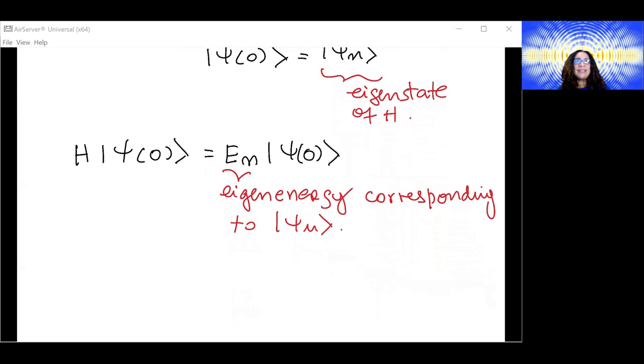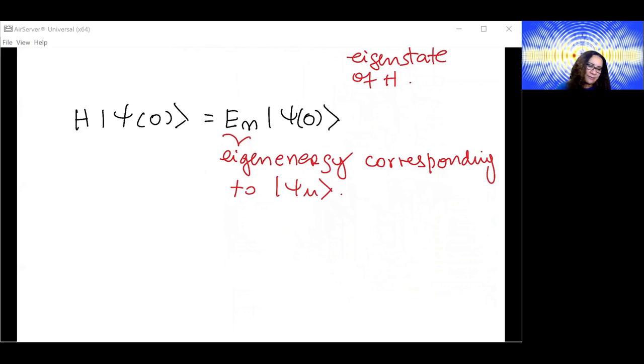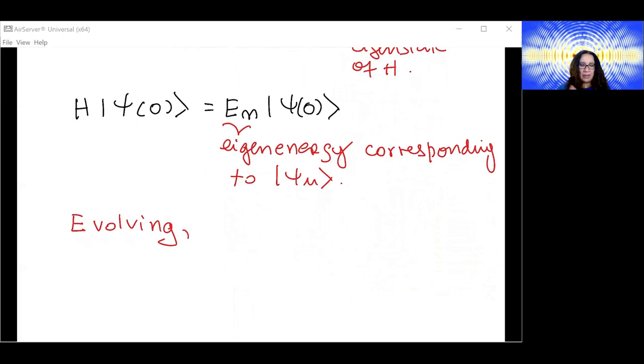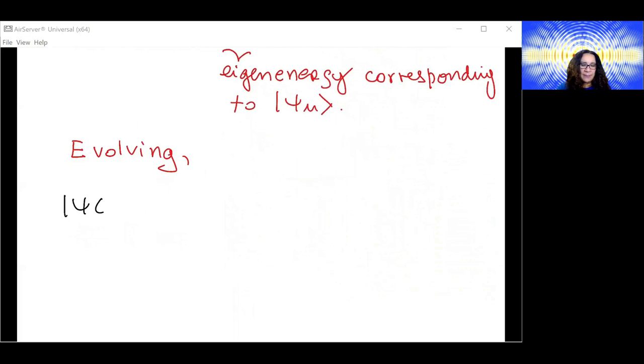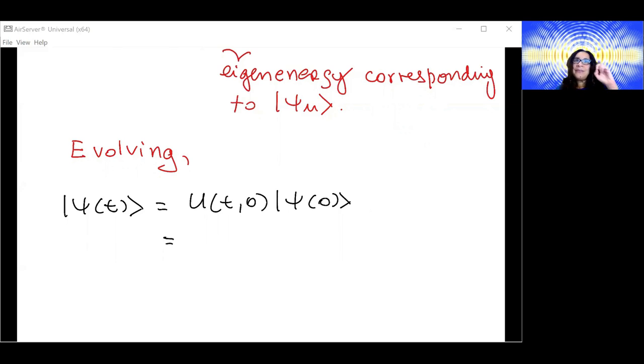Now I would like this to evolve. So let's evolve. We're going to have the following. Psi(t) is going to be U(t, t0) psi 0, which is the eigenstate. So we're going to say the Hamiltonian is time independent, remember?